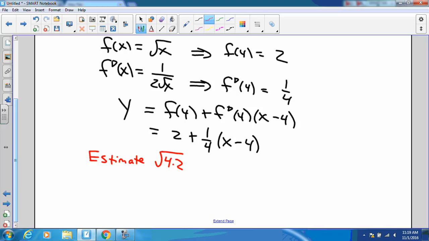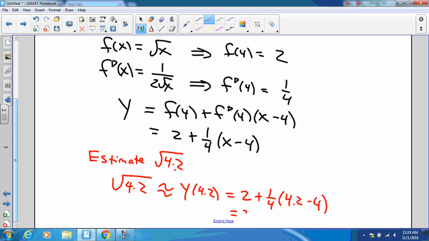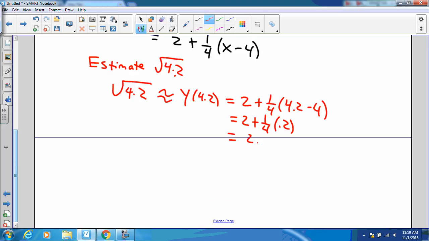I can say that because 4.2 is close to 4, therefore, the value of the square root of 4.2 will be close to the local linearization of f, evaluated at 4.2, which is 2 plus 1/4 times 4.2 minus 4. Which is 2.05.